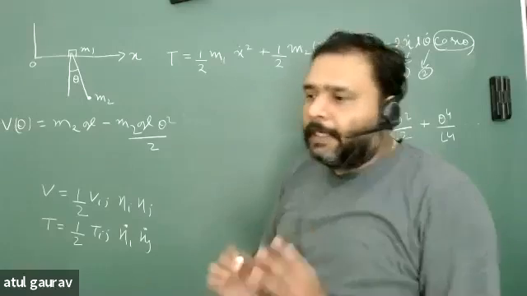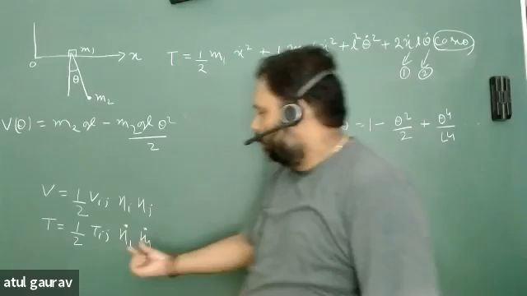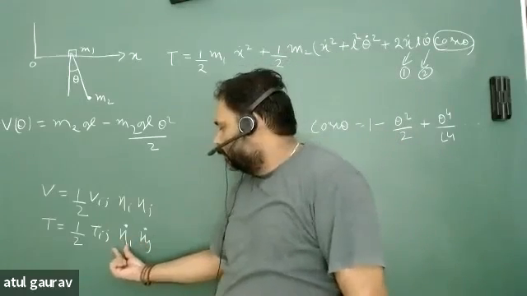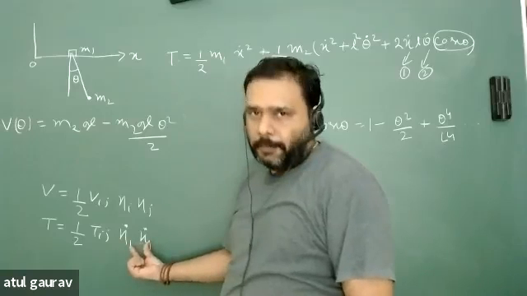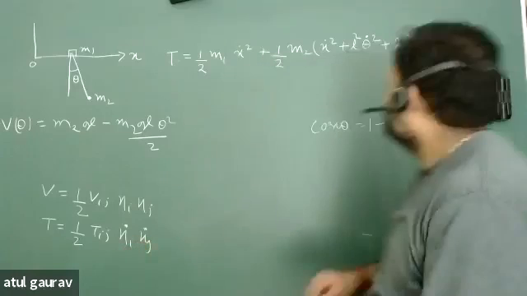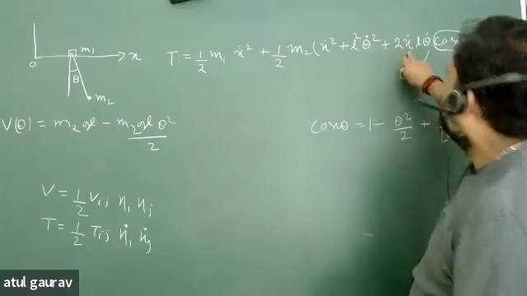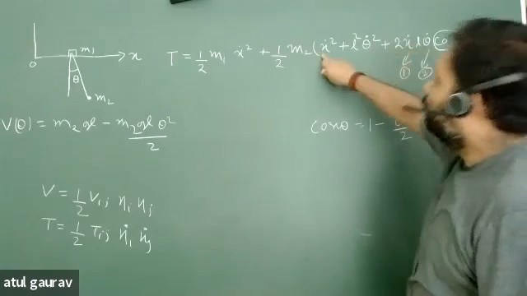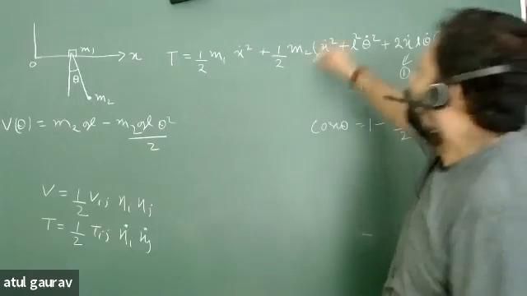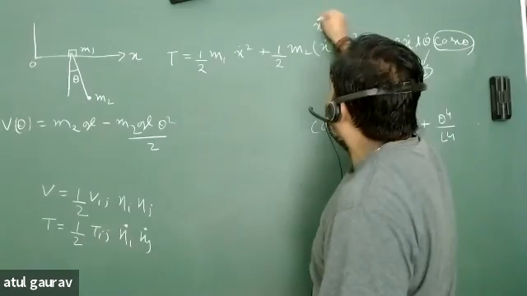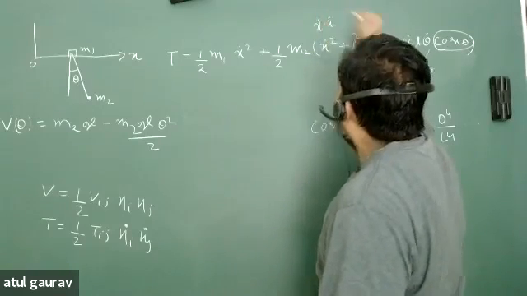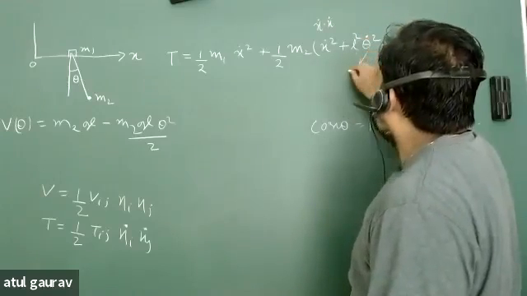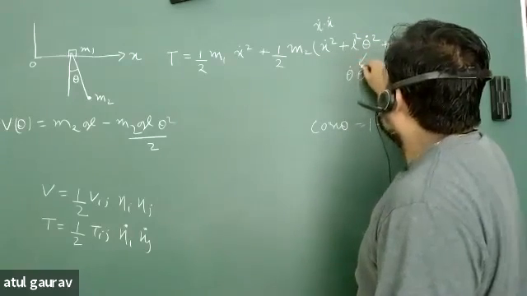What we need in the kinetic energy is only generalized velocity into generalized velocity. And here it is already given: generalized velocity into generalized velocity. I can write this as x dot, x dot, and this as theta dot, theta dot.